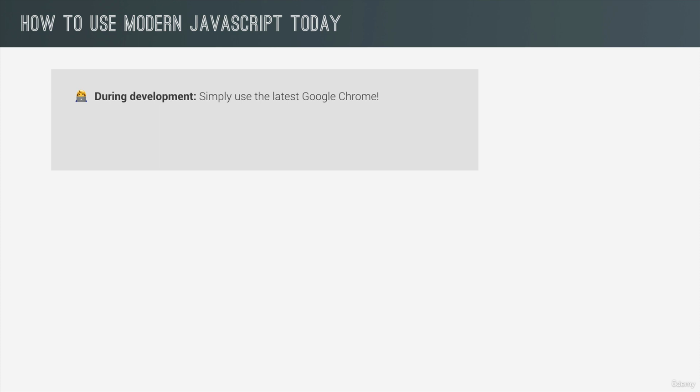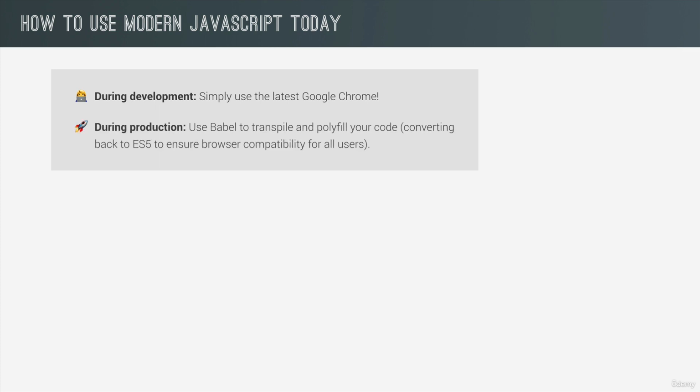To ensure you can use the latest JavaScript features in this phase, all you have to do is to use the most up-to-date version of the Google Chrome browser. This will then ensure that all the features I show you in this course will work for you as well. The second scenario is production, which is when your web application is finished, you deploy it on the internet, and it's then running in your users' browsers.